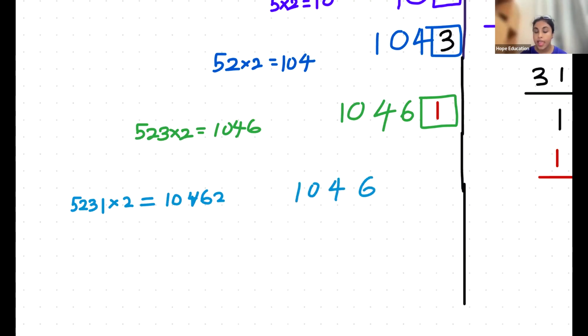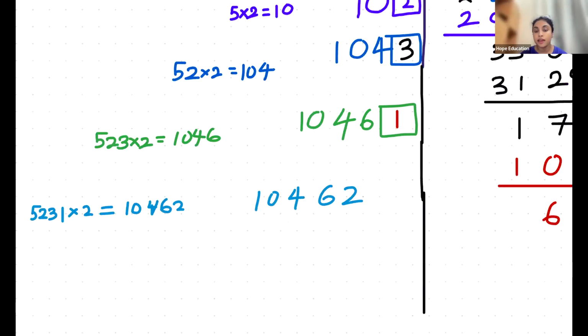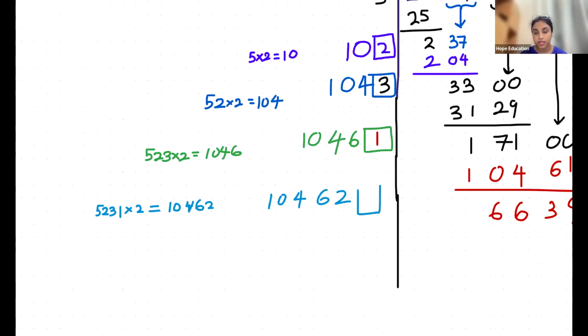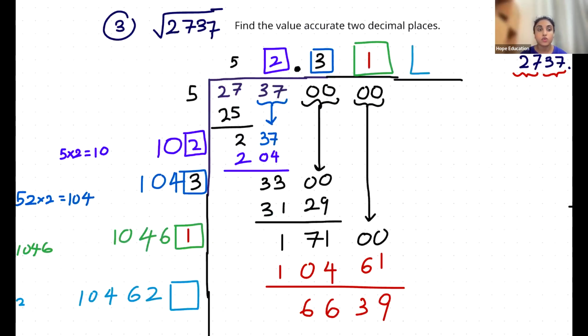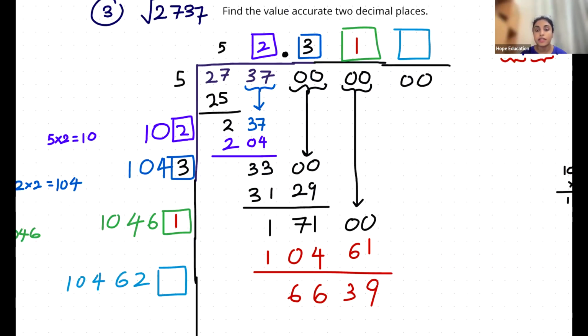And I need to put another number here. That same number I should put here. And before that, Lamai, I forgot to put the 2 zeros here, because there's nothing else to bring down now. So I will put 2 zeros, and these 2 zeros I will now bring down.